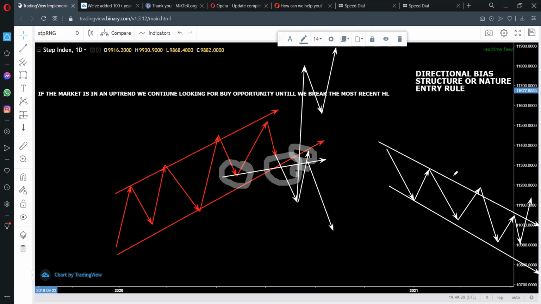We still consider the market is in a downtrend until we break this one. And right after the breakout, we don't buy here, but we wait for the pullback, retesting here, going up again before making an entry. Because if you buy here, you are buying at a higher price, and we don't do that.